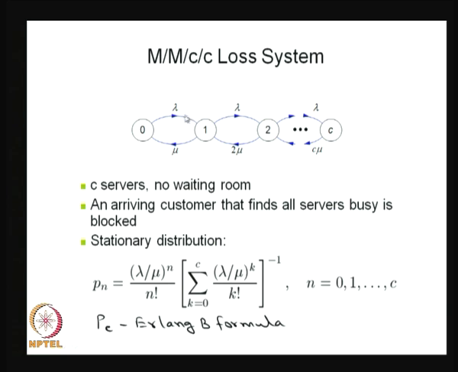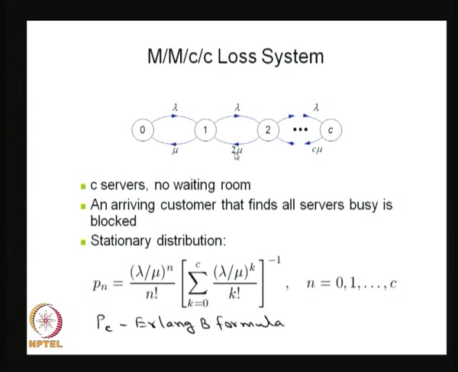So, here the inter-arrival times are exponentially distributed and the service by each server is exponentially distributed with the parameter mu. Therefore, the system goes from 2 to 1, 1 to 0, and so on. It depends on how many customers are in the system completing their service.